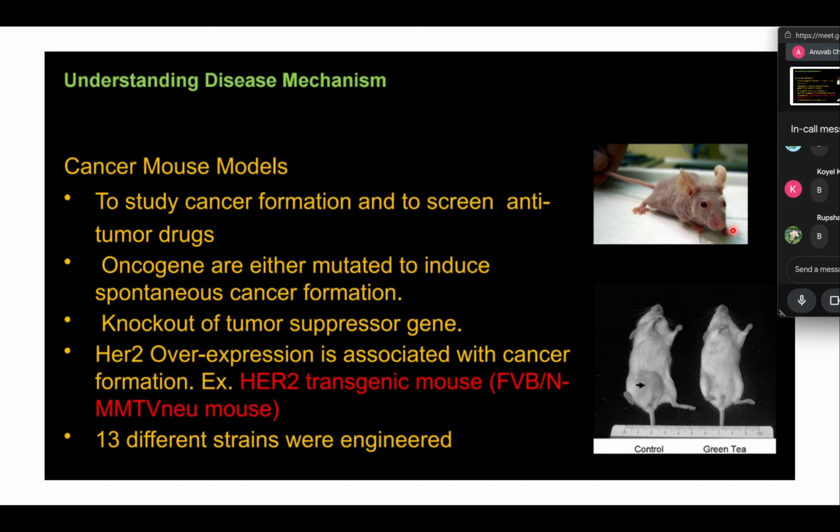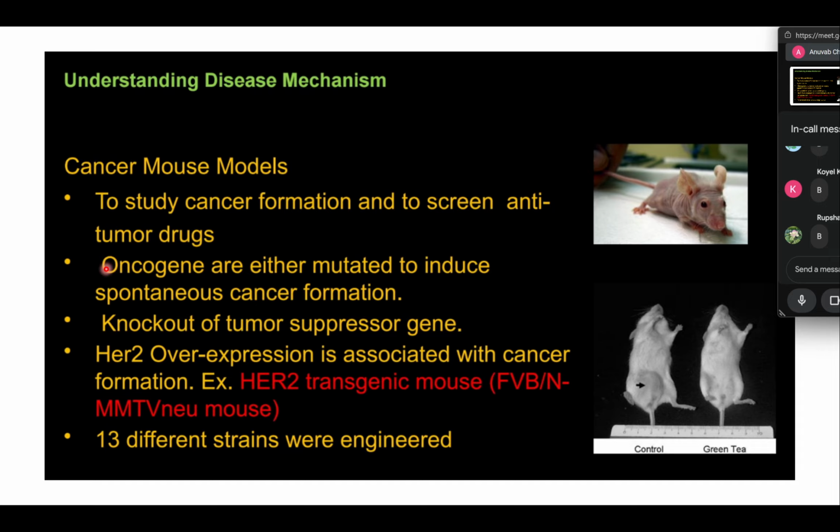And they are also used to study cancer because they are very tumorigenic, so these are used for studying cancers. So cancer mouse models to study cancer formation and to screen anti-tumor drugs, these particular mice are used. So oncogenes are mutated to induce spontaneous cancer formation.